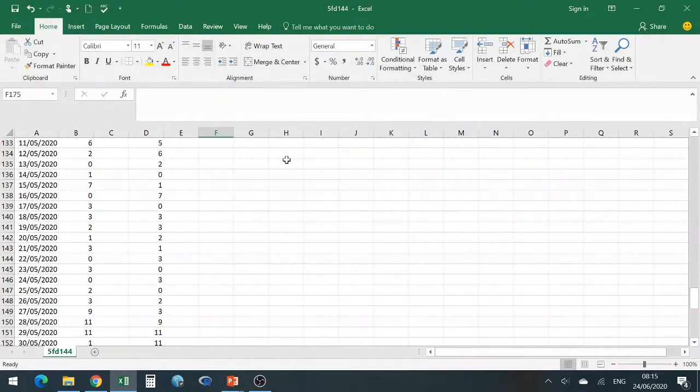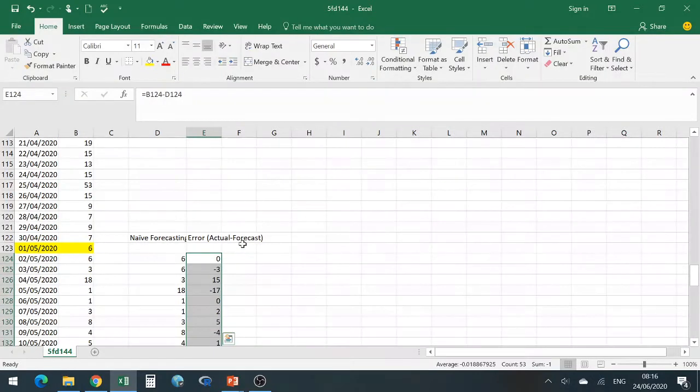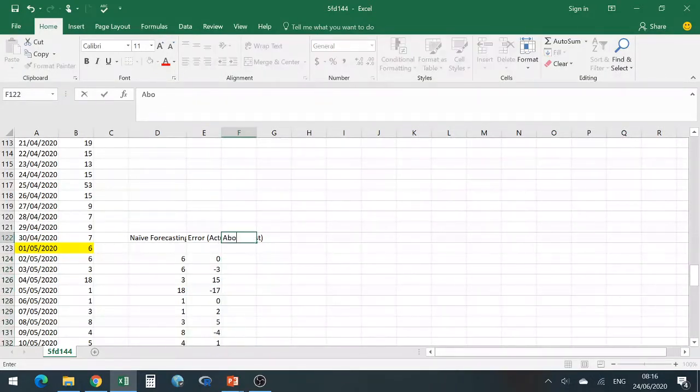Then we need to know, is it very accurate? We want to know how much error we have. It's actual minus forecast, so it equals how much is actual minus the forecast. Actually this day was 0. Then we want to know the absolute error, which just makes your error an absolute number.